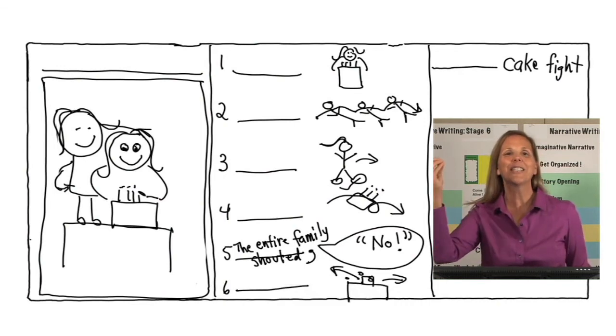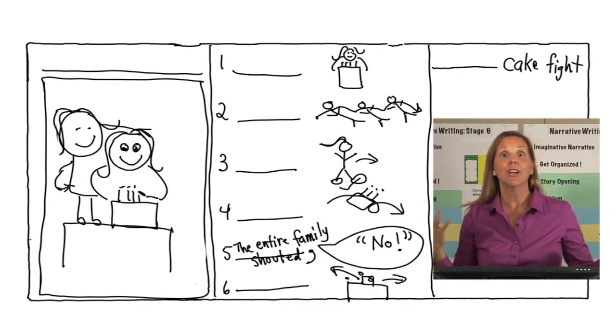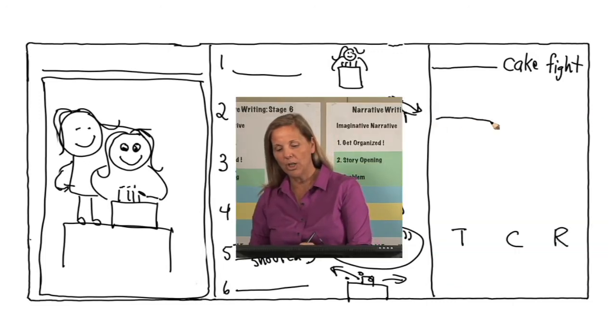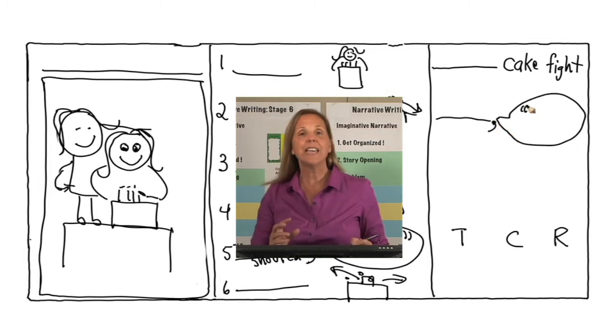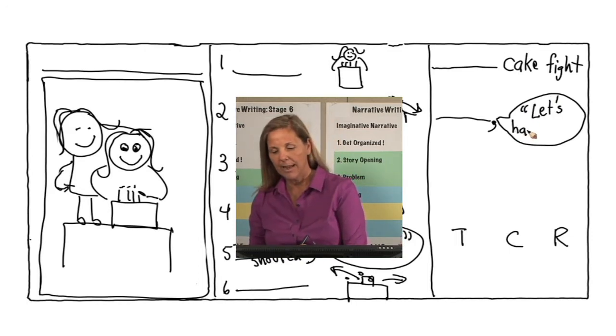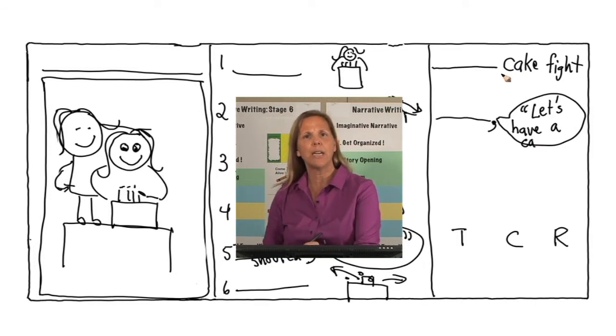My dad grabs the chunk of cake and throws it. After he throws it, he shouts, let's have a cake fight. We'll draw a line, put a dialogue bubble, comma. What did he say? Let's have a cake fight. Uh-oh, we already are going to say cake fight up here.